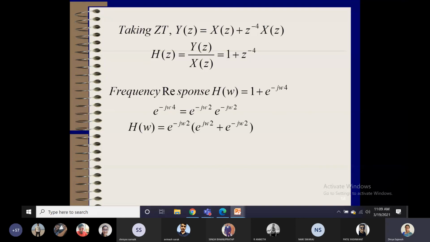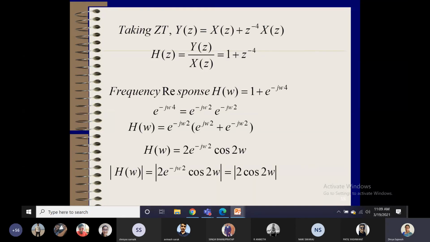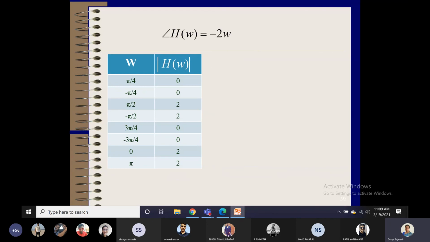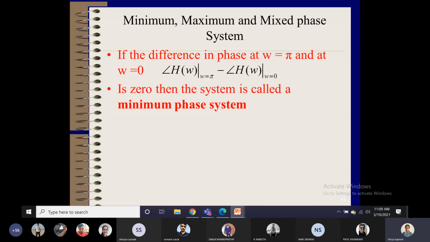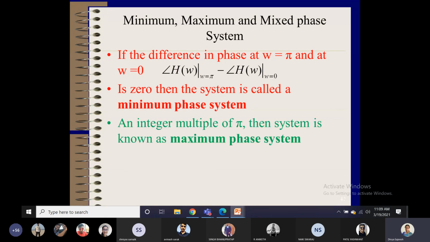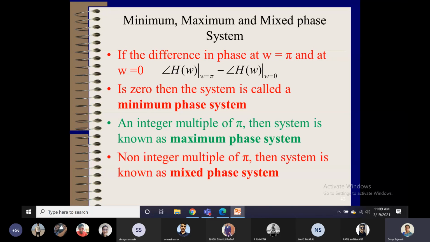We have done it for another example also, and here we plotted the magnitude and the phase with respect to various values of omega. If the phase difference between omega equal to 0 and omega equal to pi comes out to be 0, then it is a minimum phase system. If it is an integer multiple of pi, it is a maximum phase system.